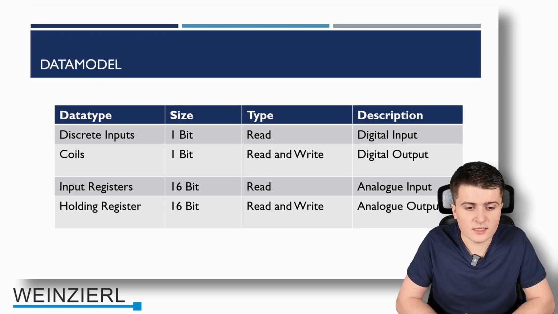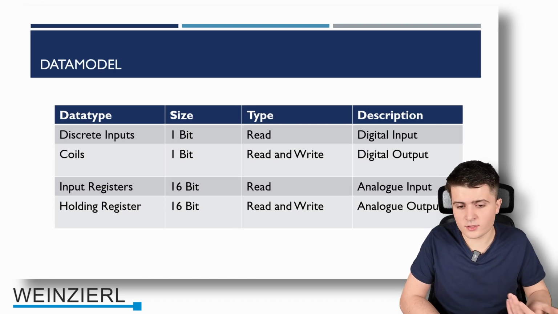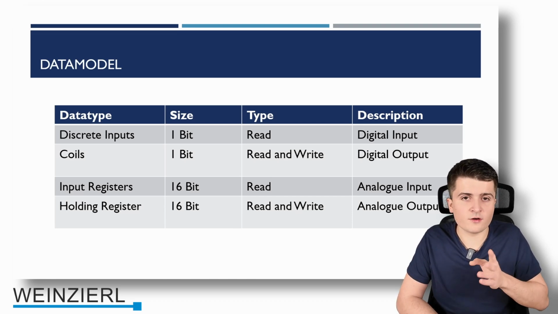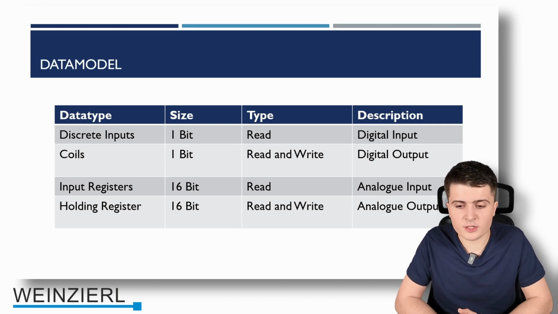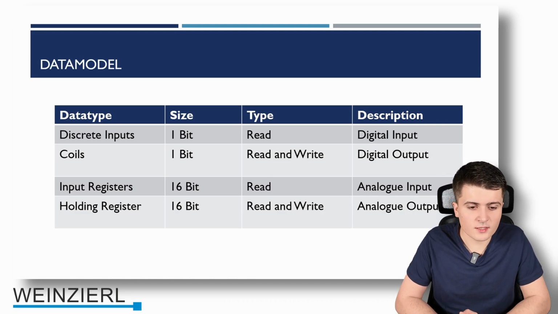And then on the other hand, we have the input and holding registers, both with a length of 16 bit, so 2 byte. And while the input register only allows read access, the holding register also allows write access. So here in this case, the input register is used for analog inputs and the holding register for analog outputs.